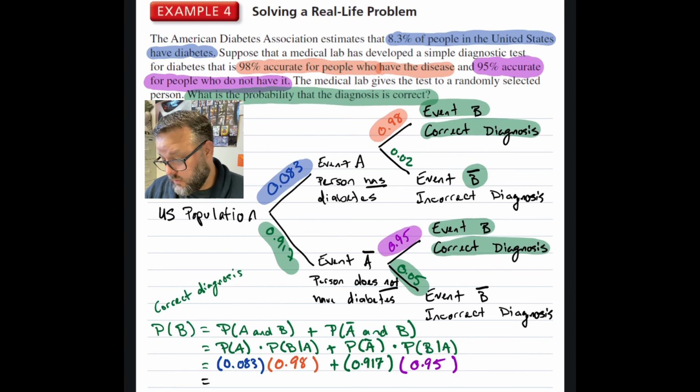When we multiply all this together, I wrote equals, but it's actually about, because we have to round here, 0.952, or you have a 95.2% chance, opportunity, probability, whatever word you want to put in there, it's all the same. You have a 95.2% chance that your diagnosis is accurate according to the test, whether you were diagnosed with or without diabetes. You have a 95.2% chance that it is a correct diagnosis.